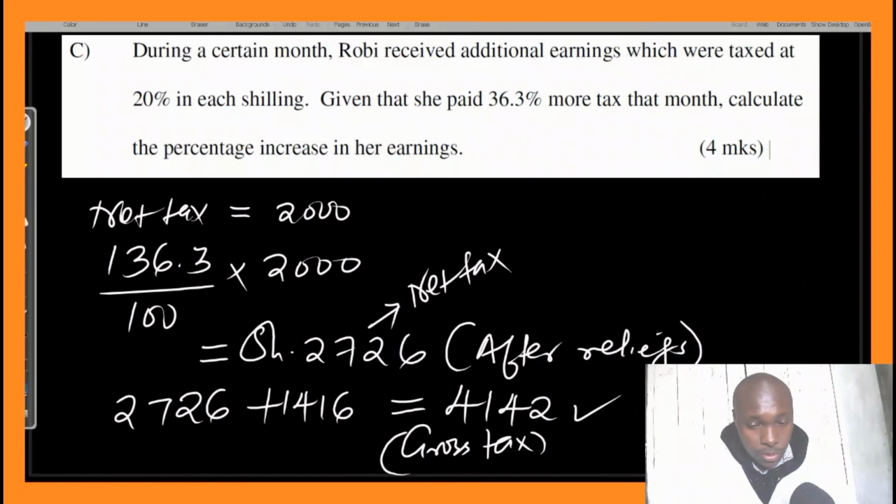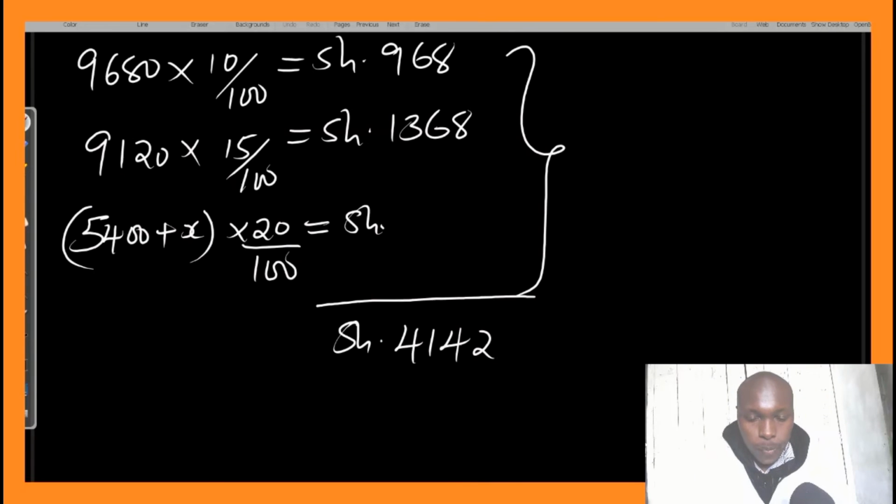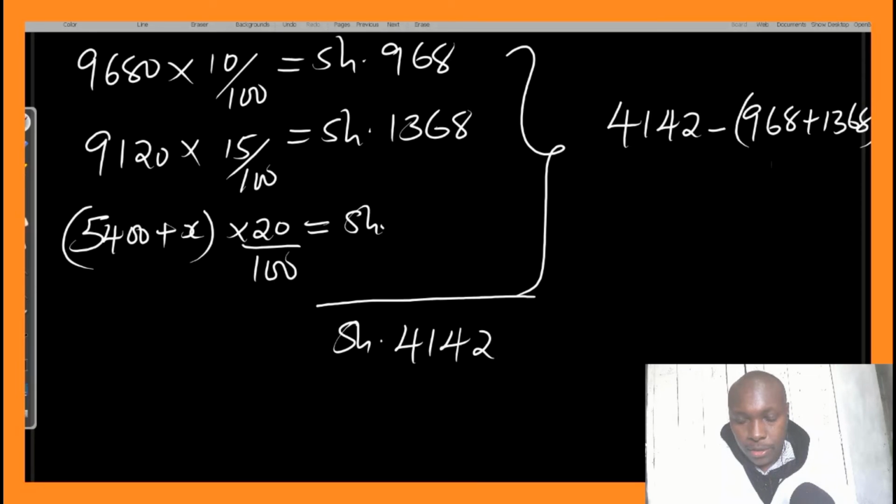So that is the new gross tax, and to get this value here, we simply get 4142, then subtract 968 plus 1368, and that is what is going to give us the amount there.